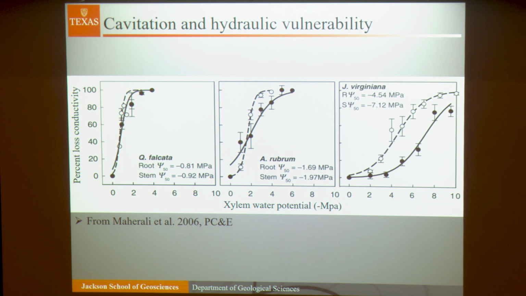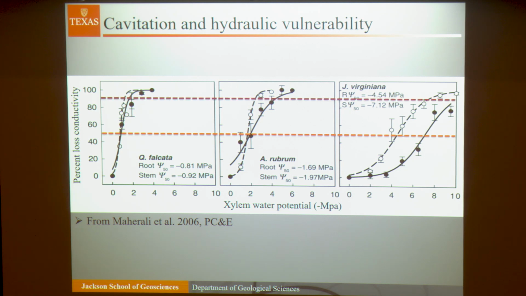And so what Patrick is going to talk to you about later today, we'll define a little bit now, is that we can characterize the way plants are vulnerable to cavitation in terms of the potential at which they lose 50% of their hydraulic conductivity and the potential at which they lose 88% of their hydraulic conductivity. So once you've lost about 88% of your conductivity, you're pretty much going to stop your function.